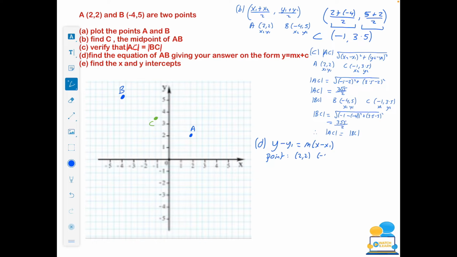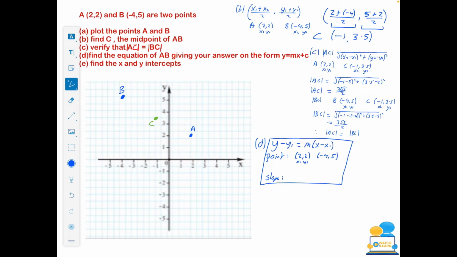We write down point. Fill in what points we know. We know (2, 2) and (-4, 5). Okay, we also know another point as well, but we don't need to know 3 points for this. So as long as we know 2, that's fine. And slope. Okay, now, I actually don't know the slope yet, so I need to go off and find that. Now, there's two methods I could do. I can do rise over run, or I can do the formula.